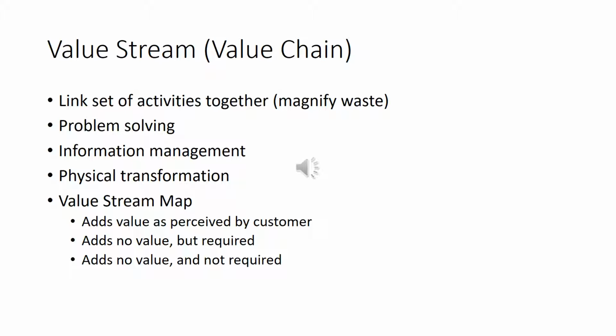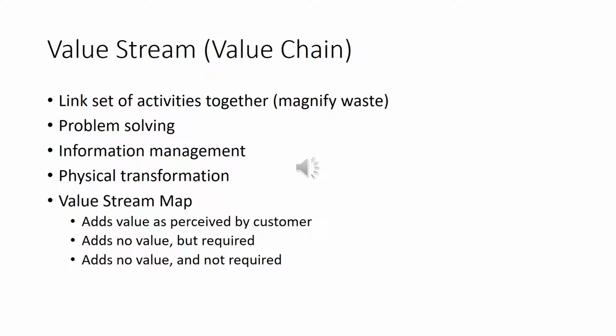So what you want to do is what's called value stream. You want value to flow through the process, whatever you're doing, to flow through there. And as you do that, it'll magnify the muda, the waste, but also magnify the value. Three things you've got to do. You've got to solve problems. Fundamental.